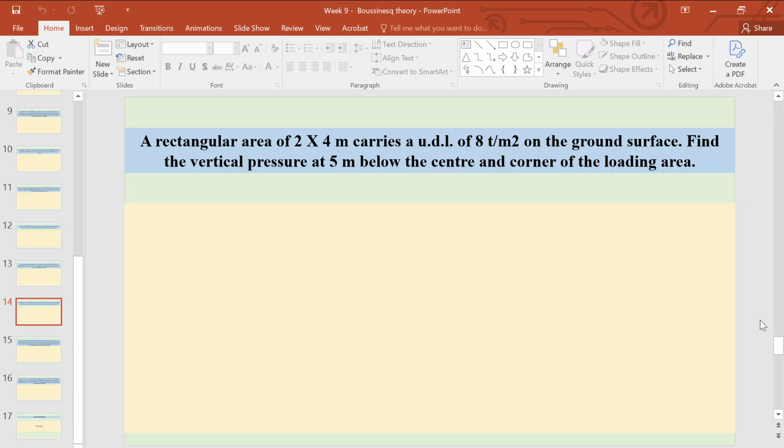You can do it by any method. I'll show you one, but the answers will be similar if not the same. You can keep the pressure in ton per meter square only; there is no need to convert it into any other units.